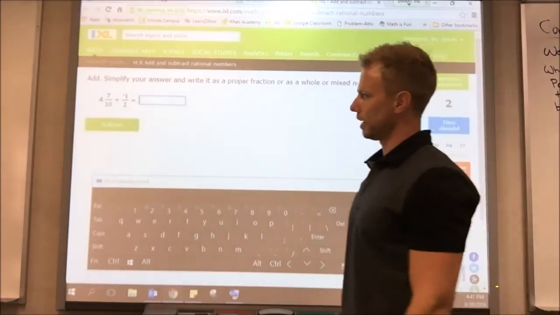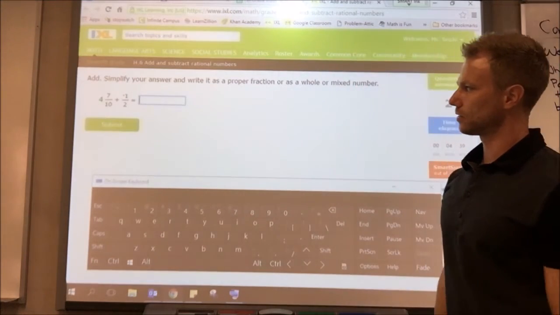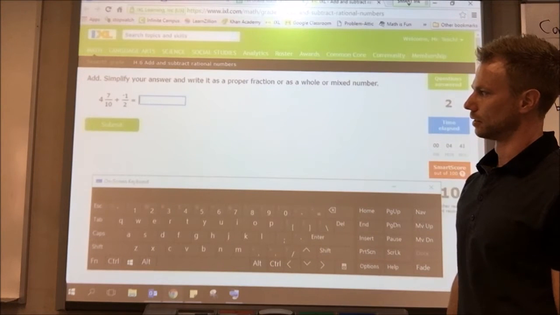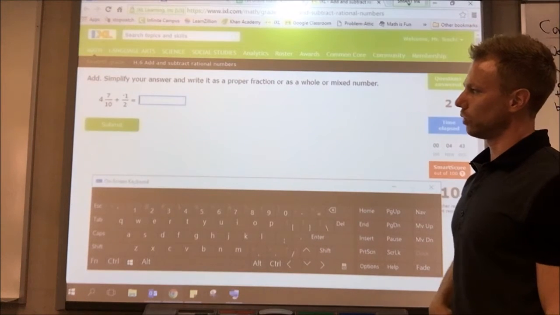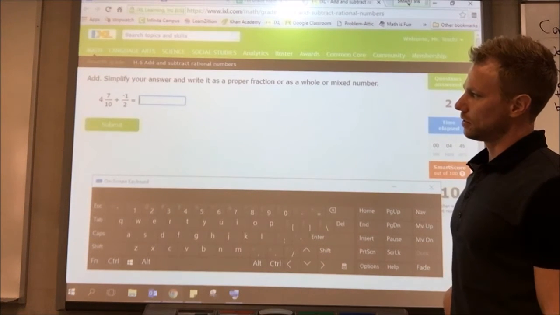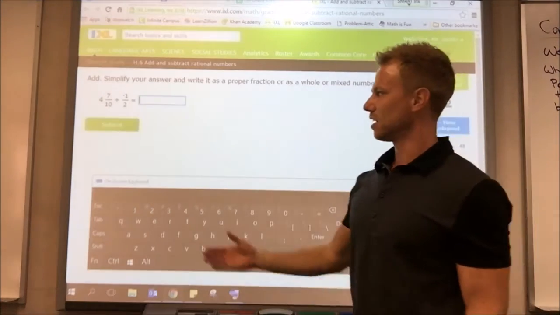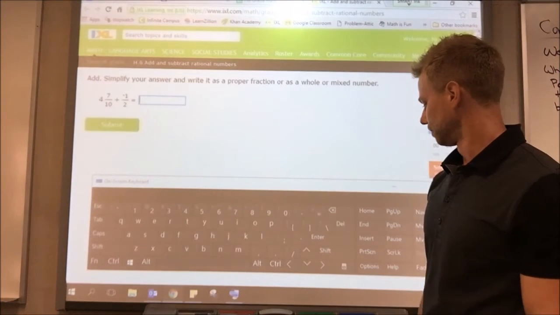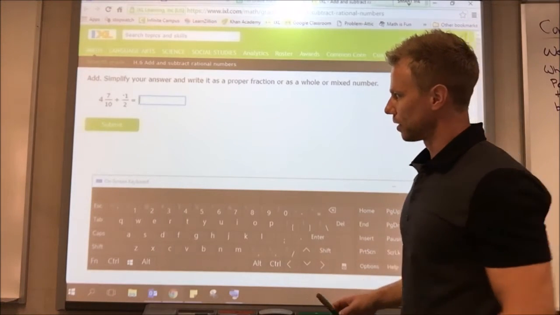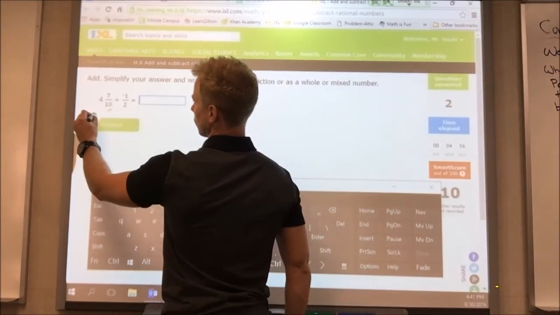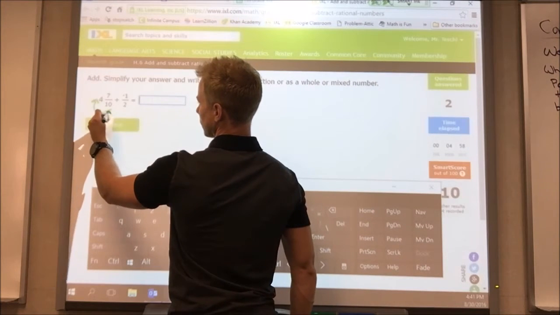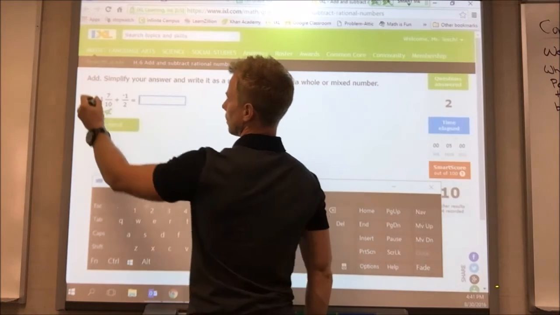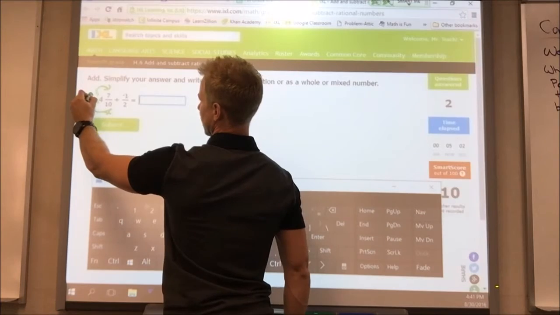We have 4 and 7/10 plus a negative 1/2. Okay, so what we want to do here, the easiest way, the quickest way I think, is to rock around the clock and then find our common denominator. To rock around the clock, we need to take 4 times 10 and then add 7.